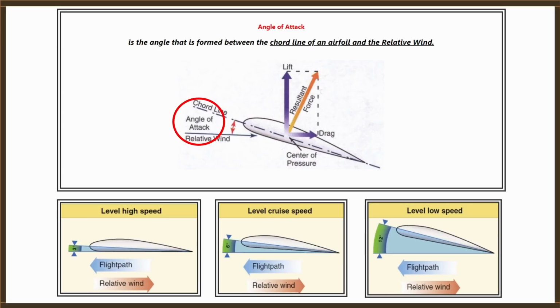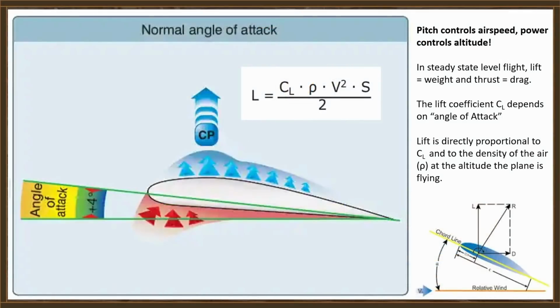But there's something I want you to take a look at on the bottom. As we go from level high-speed flight to level cruise speed flight to level low-speed flight, that angle of attack has to change. And that results in something that every pilot knows: pitch controls airspeed, and power controls altitude.